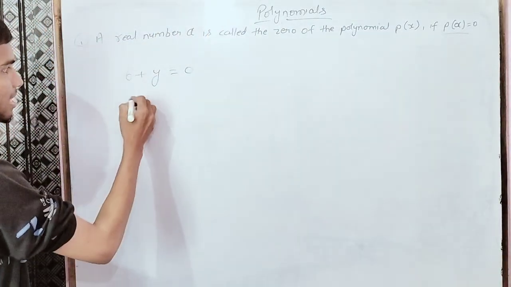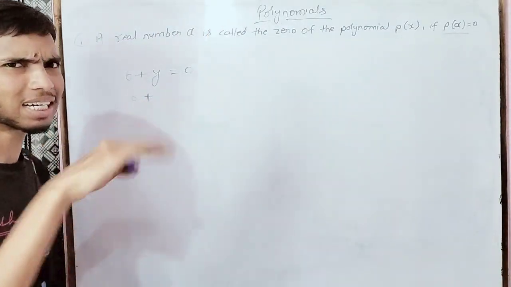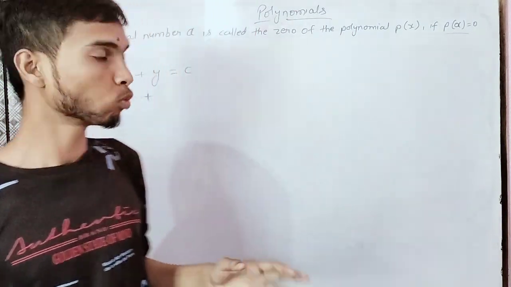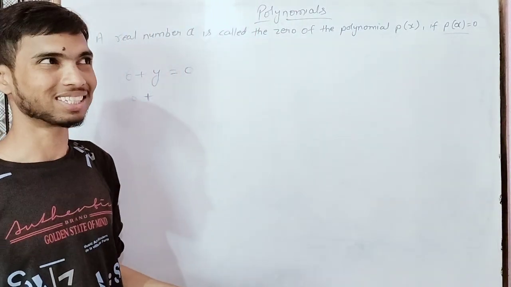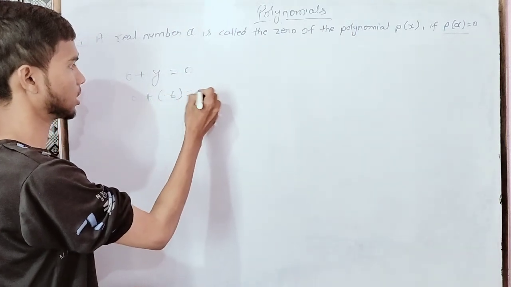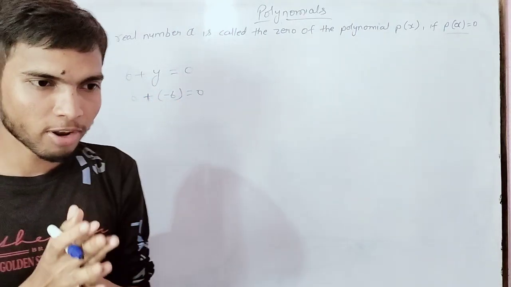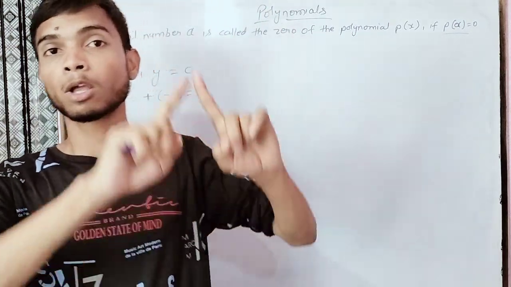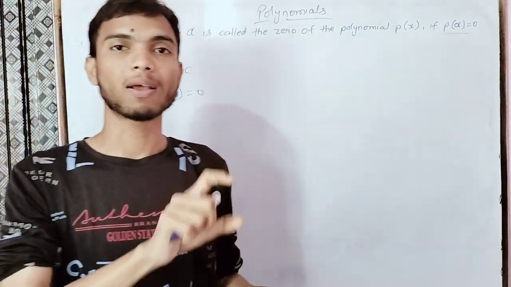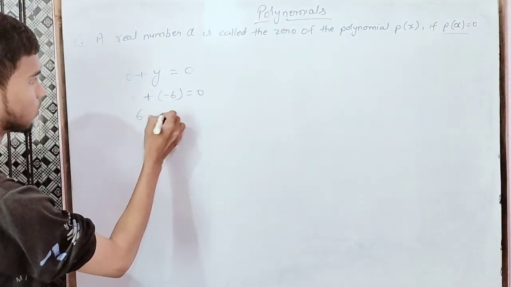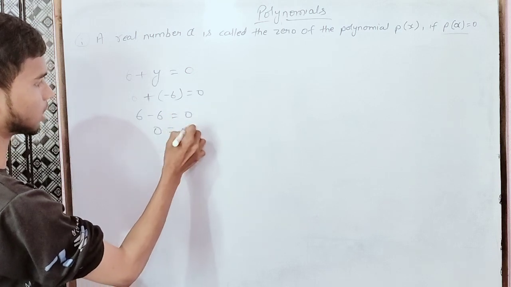So what will that number be? Of course you would say minus 6. Yes, minus 6. We put minus 6 in place of y, then the complete polynomial gives us 0.